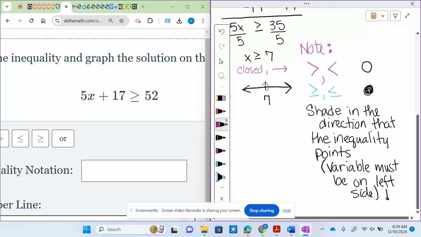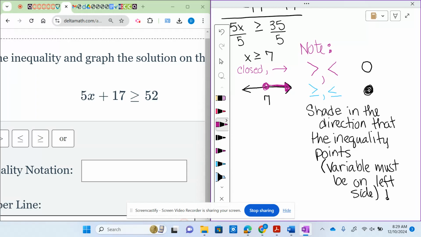Okay, so we're going to have a closed circle, and we're going to shade to the right. So if x is greater than or equal to 7, that means that I want all of the numbers that are bigger than 7 or equal to 7. That's what that means.